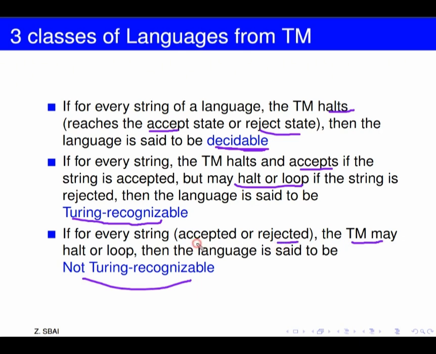This means that for some accepted strings, the Turing machine is able to enter an accept state, and for other accepted strings, the machine will loop forever and won't be able to reach an accept state. And same for rejected strings. Some rejected strings on which the machine will enter the reject state, and for some other rejected strings, the machine will loop forever. In this case, we will say that this language is not recognizable, is not Turing recognizable.